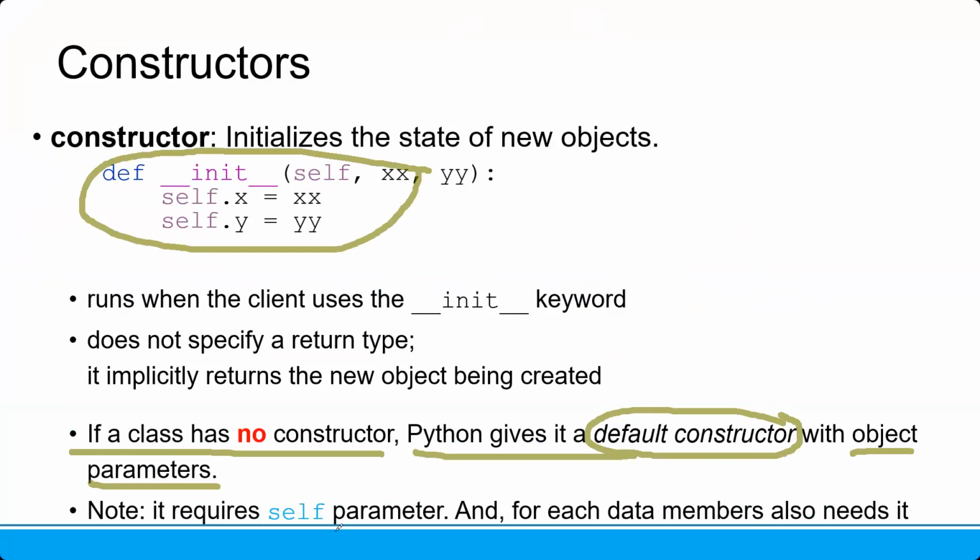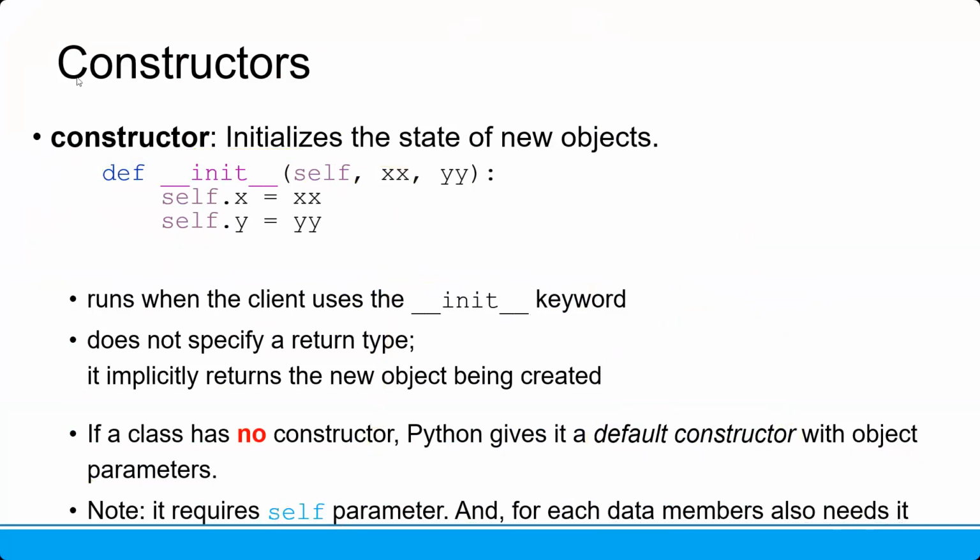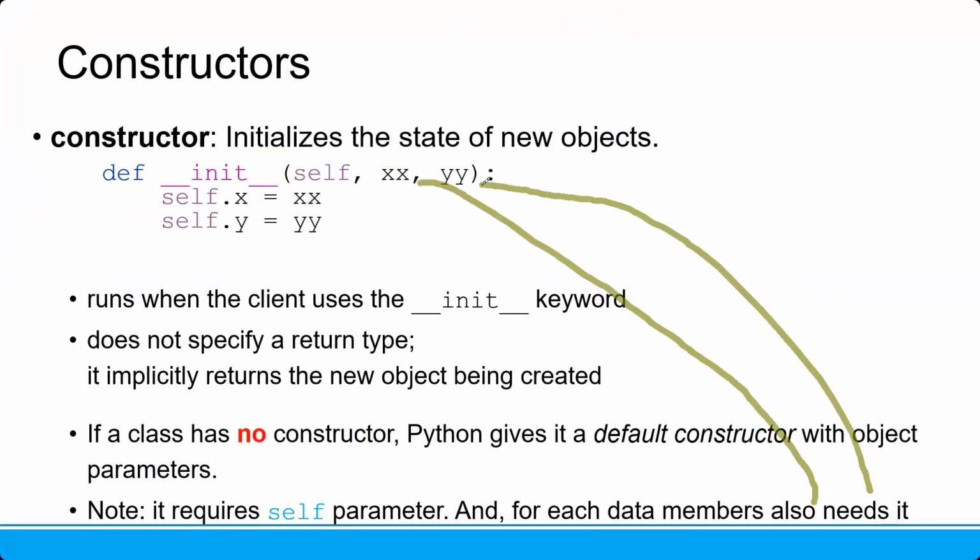So it requires self parameters, and for its data members it also needs them. So if you have the X, you need to define X. If you need Y, then you need to define Y here.